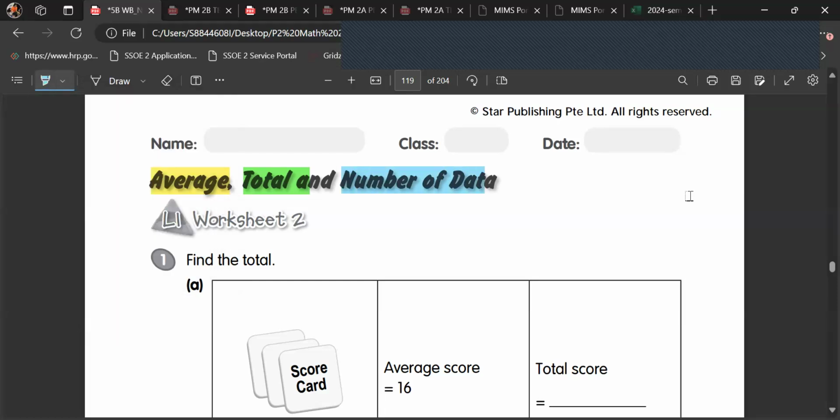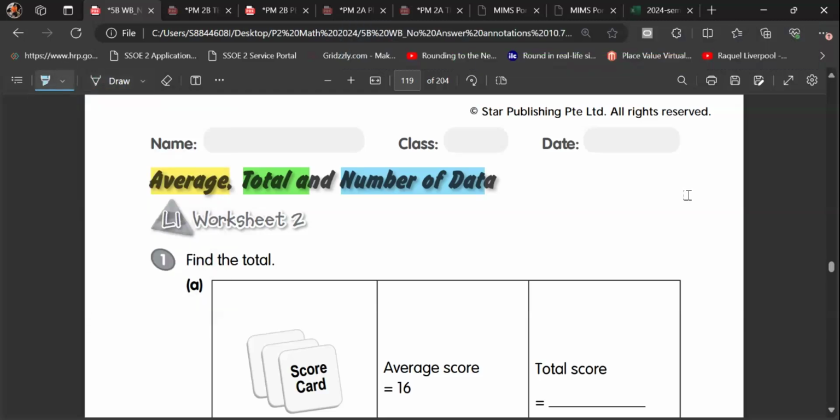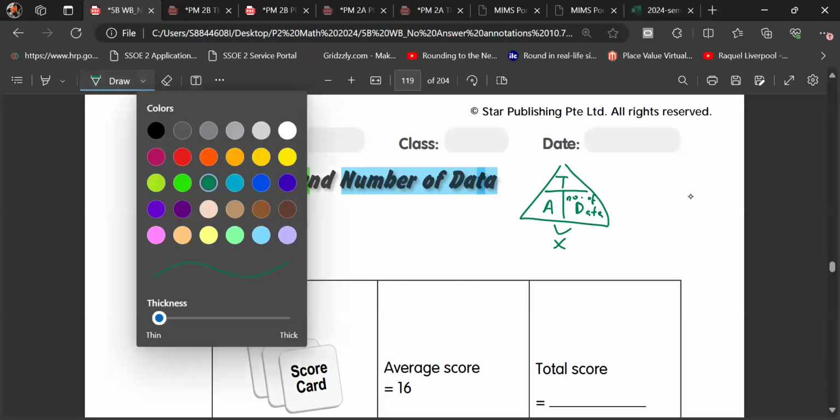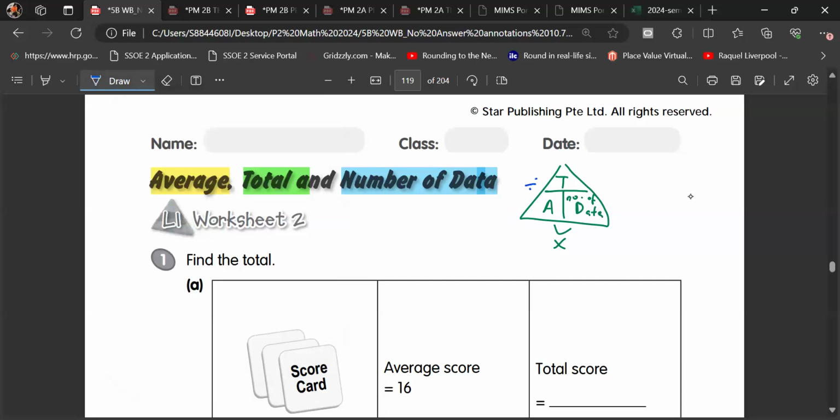So you can think of it this way. Right at the top of the triangle, you have total, average, and number of data. These two is a multiply. So you get A times B, you get total number of data. And then here's the division. I chose yellow and blue because yellow and blue together makes green.